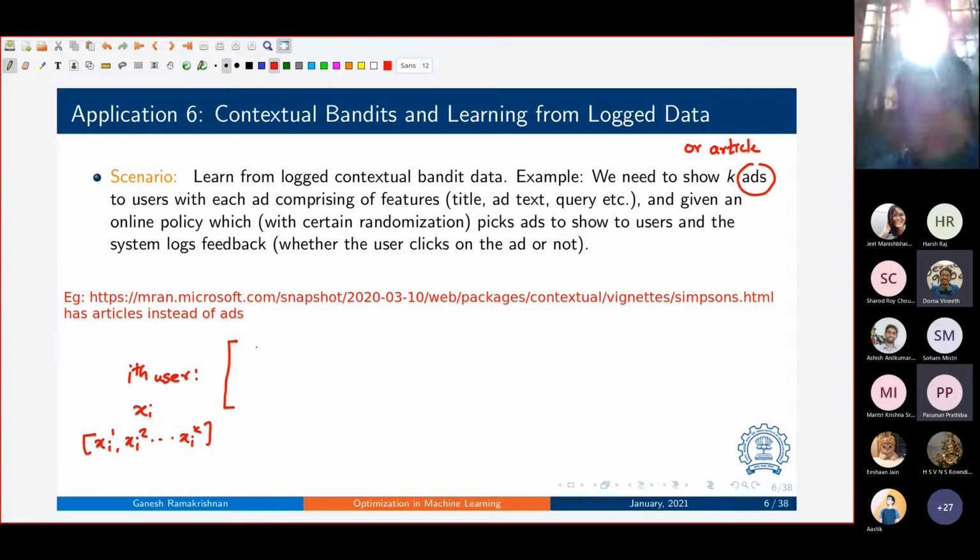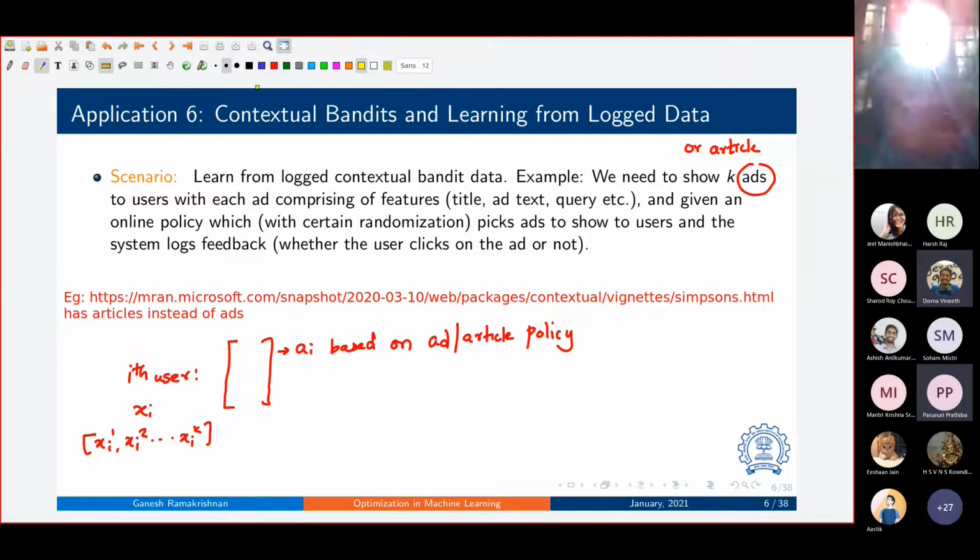It has shown an article ai based on the ad slash article policy. And this is an online policy which is evolving.